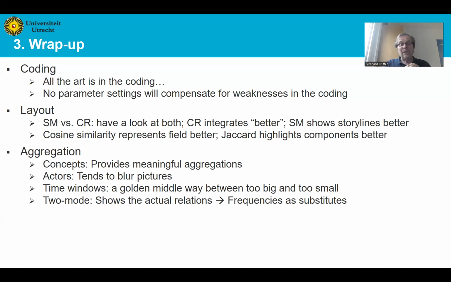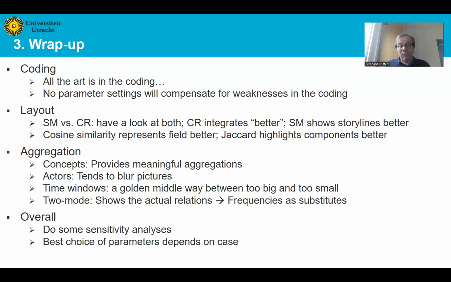And for two-mode representations, as I said, it shows the actual relations between actors and concepts, but you can also combine the one-mode networks with frequencies as substitutes to have the same information. So overall, just do some sensitivity analysis. That's always recommendable.